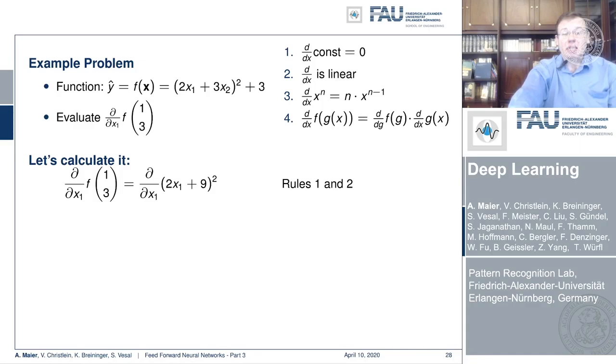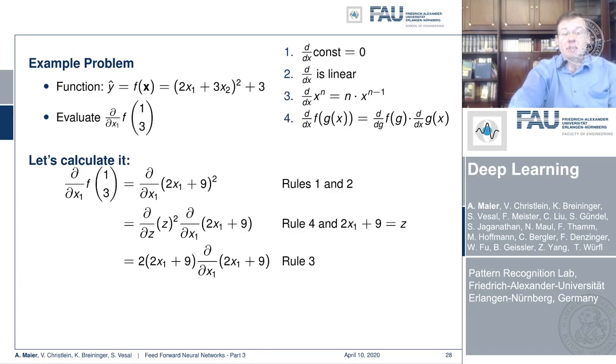And then in the next step, we can essentially compute the partial derivative with respect to the outer function, that is some variable z to the power of 2, multiplied with the partial derivative of the inner part of the bracket, that is 2x1 plus 9, and multiply the two with each other. So this is the application of the chain rule, and we introduce this new variable z.